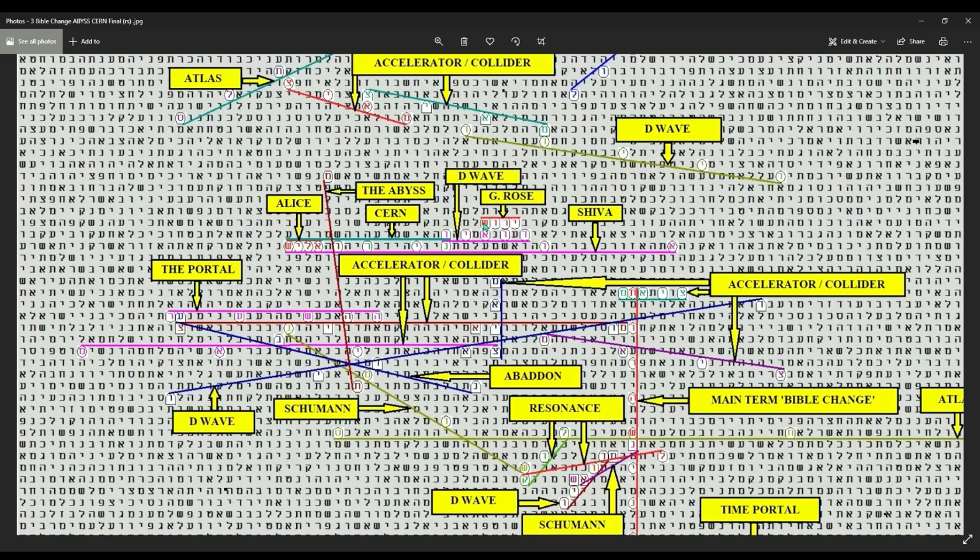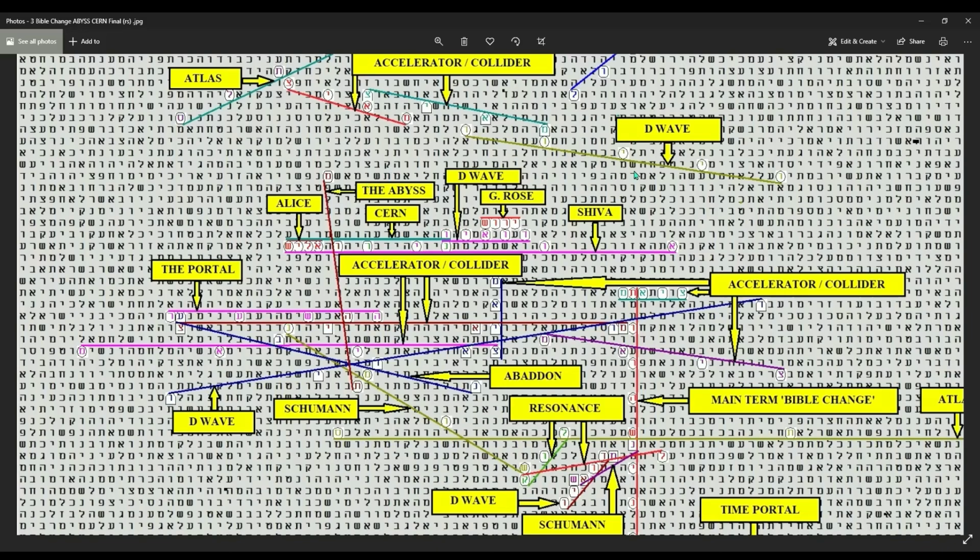We also have D-Wave in the pink here, right above Geordie Rose, well, G. Rose, but it's still G. Rose. We have Shiva, the goddess, the statue that's right outside the CERN headquarters where CERN is.